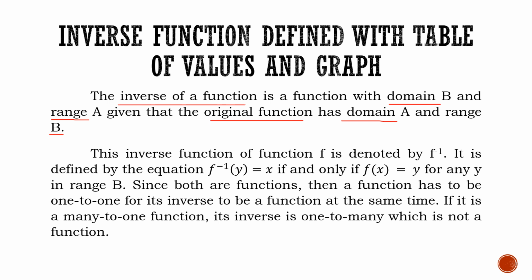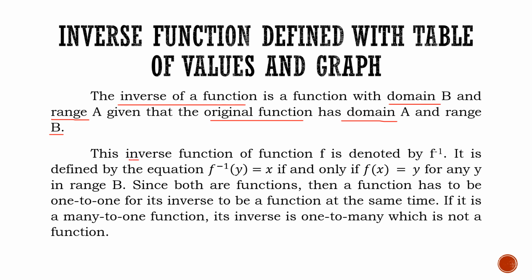Whatever your range in your original function, that will be your domain in your inverse function. So we're just swapping our values between your x and y variables, or your domain and your range.